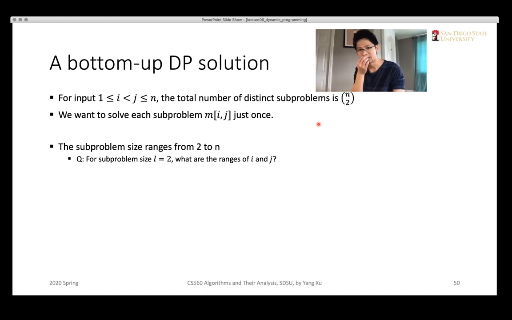What are the ranges of i and j, because the indices i and j define a subproblem? If we limit the size of subproblems to 2, then what are the ranges of i and j? This is something you can think about here.